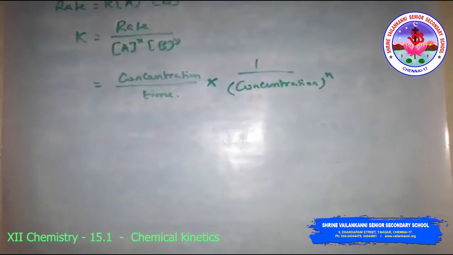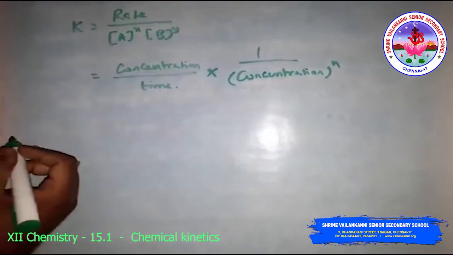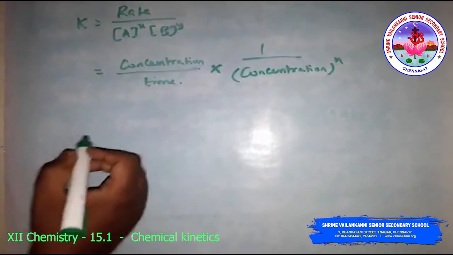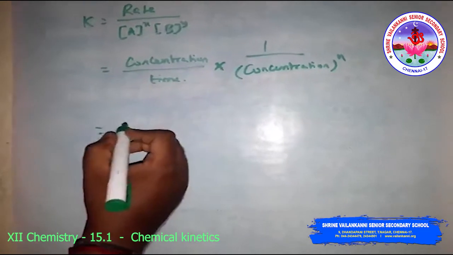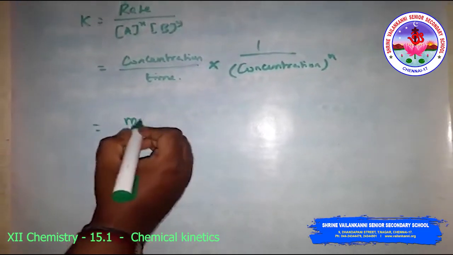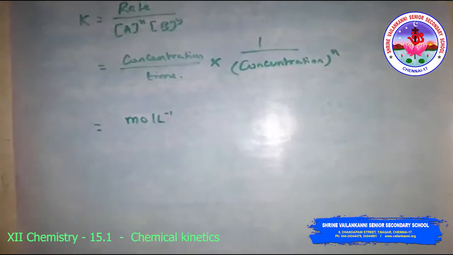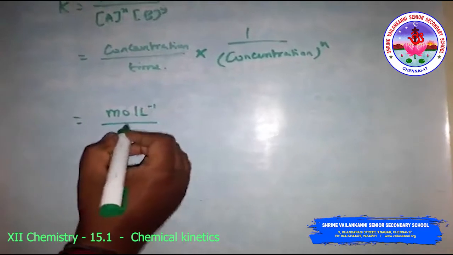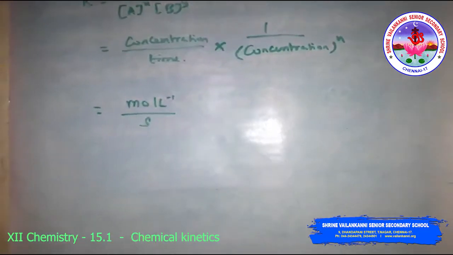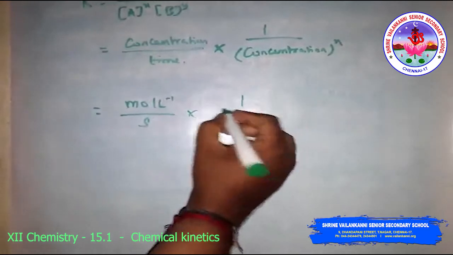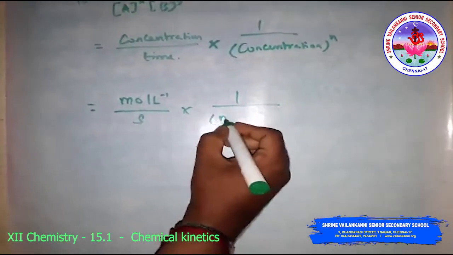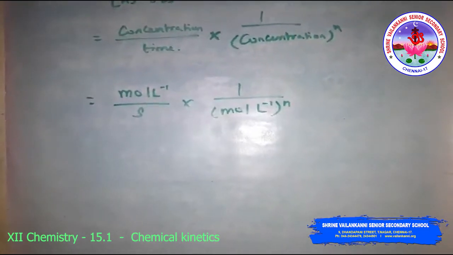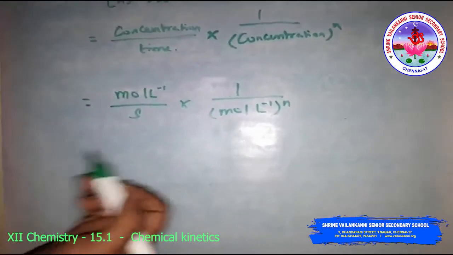Now we can find the unit for a zero order reaction. The concentration we usually express in mole per liter, divided by time in seconds, into 1 by the concentration, which we write as mole liter inverse power n. Now we can find the unit of the rate constant.